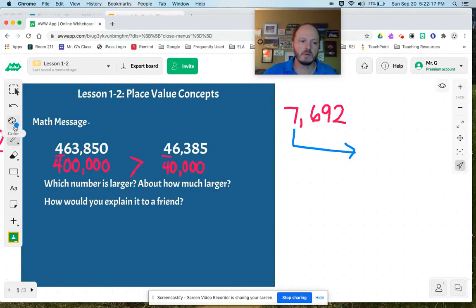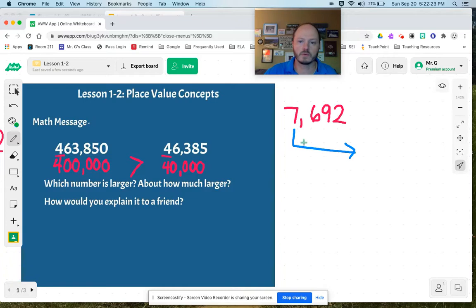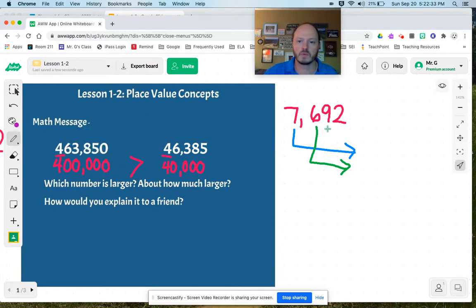Okay, so we have the 7 in the thousands place. I'm going to choose another color for each one. We have the 6 in the hundreds place. This is going to get a little bit messy with my pen tool, but I think we can make it work. We have a 9 in the tens place, and we have, I already used green.